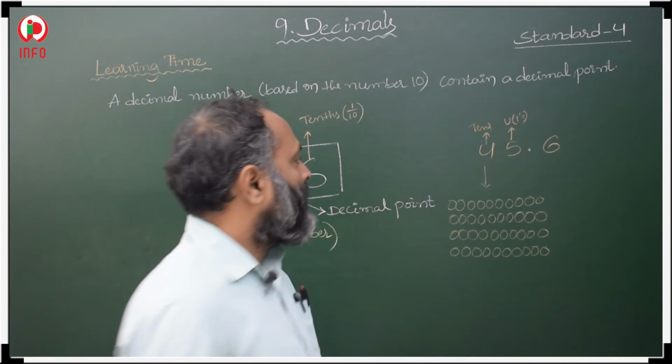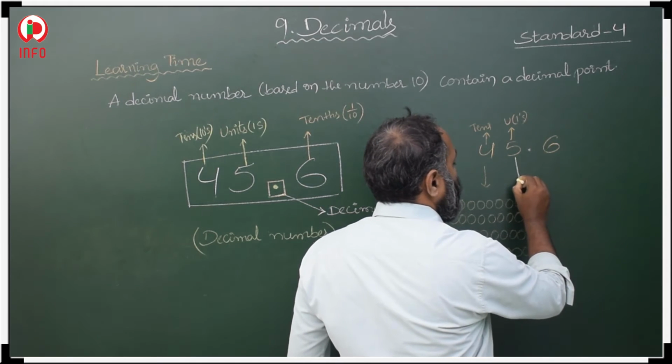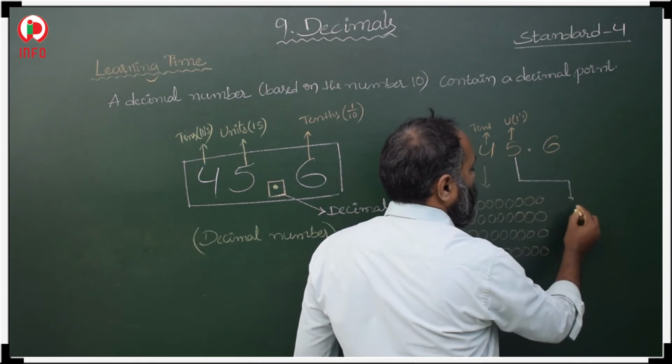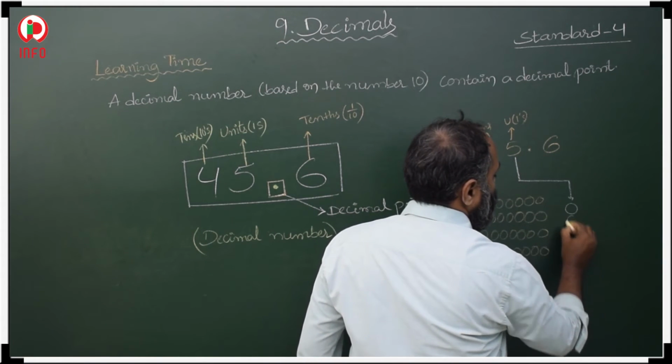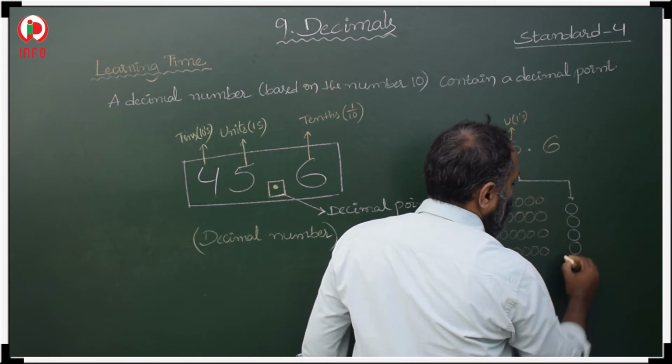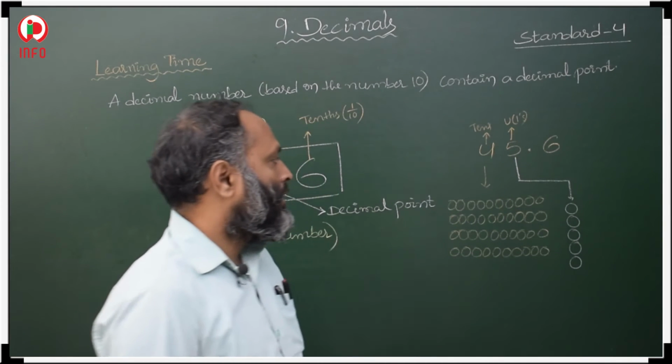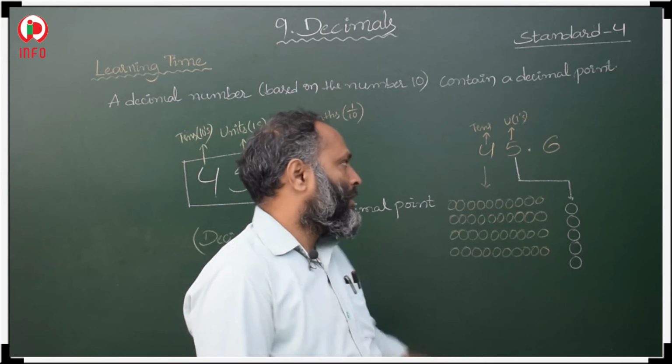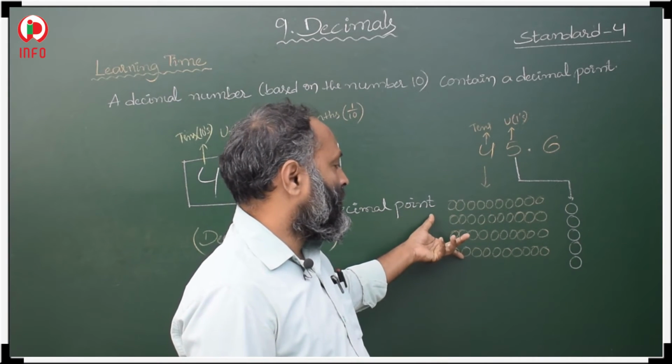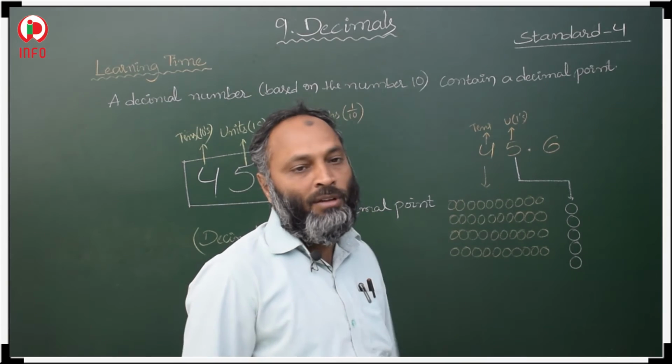Then after that 5 in ones place. Ones place means 5 ones. 1, 2, 3, 4, 5. These 5 ones. So, how to represent using circles? So, this is tens, 4 tens 40, 5 ones 45.